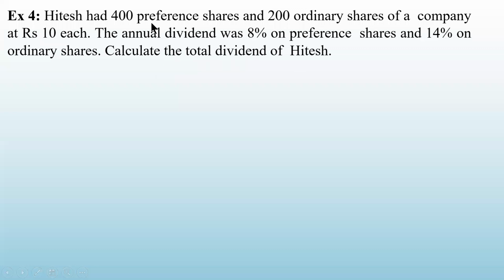So you have to first find out the dividend on preference shares, then dividend on ordinary shares, and then add them.